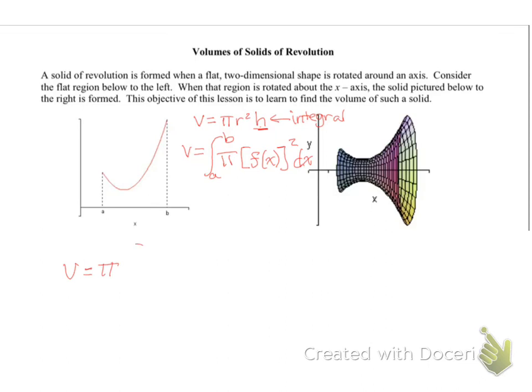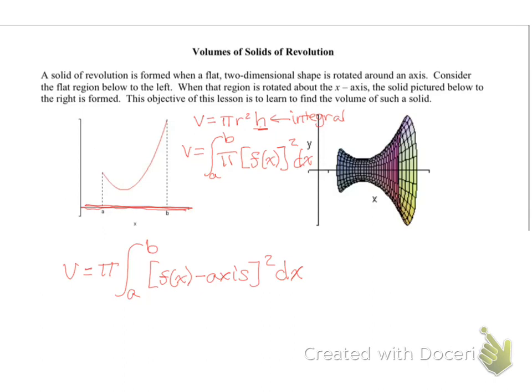We're going to kick that pi out of the integral from A to B of f of x minus whatever axis, squared, dx. Okay, so in our case, since we're rotating around the x-axis, well, that's y equals 0 right there. Okay, so it would be f of x minus 0.